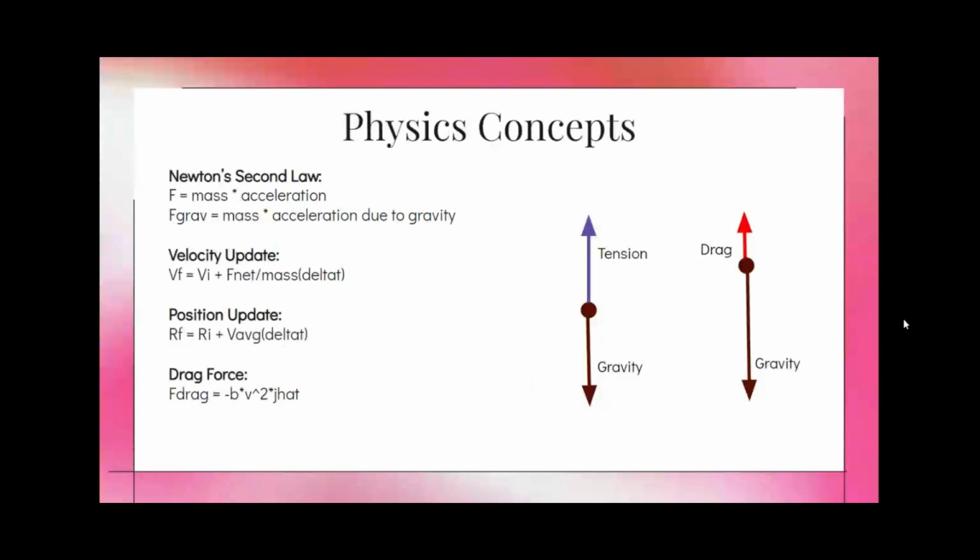So for this, the physics concepts were basically Newton's second law, with force equals mass times acceleration, and the force of gravity, mass times acceleration due to gravity, then the velocity update formula, the position update formula, and then drag force. As shown by these free body diagrams, this is the before state, before the slinky gets to the bottom, fully compressed.